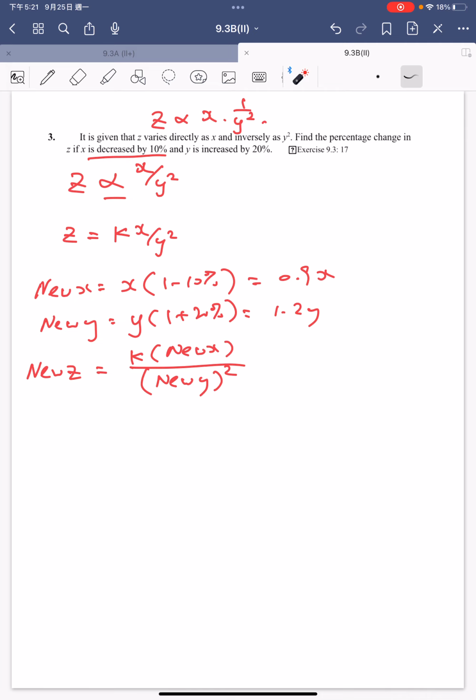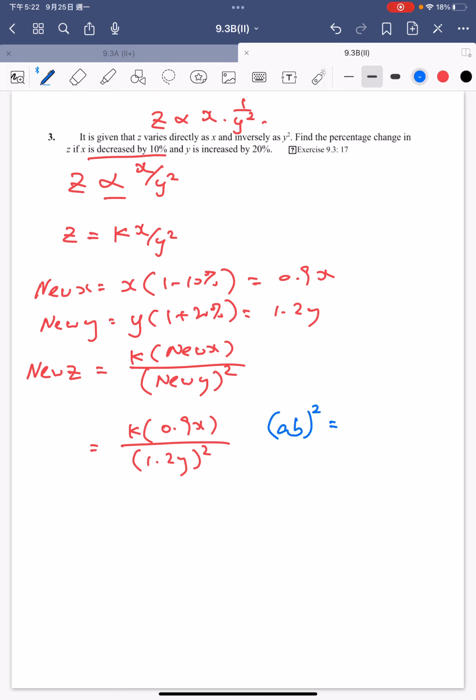So now we put in 0.9x as our new x value together with 1.2y as our new y value, substituting in our formula to get k times 0.9x divided by 1.2y, whole squared. Now we can expand our bracket by using (ab) squared equals a squared times b squared, so that we have 0.9 kx divided by 1.2 squared y squared.